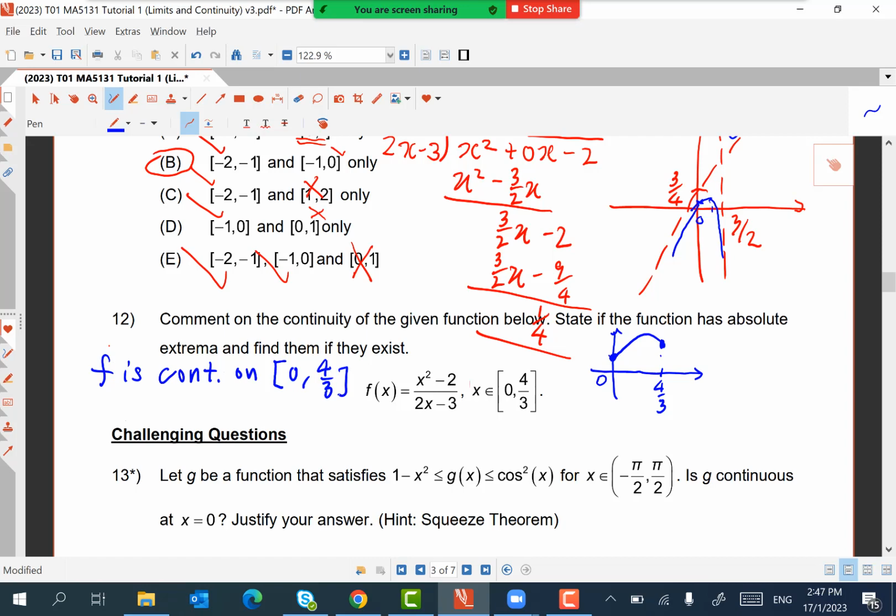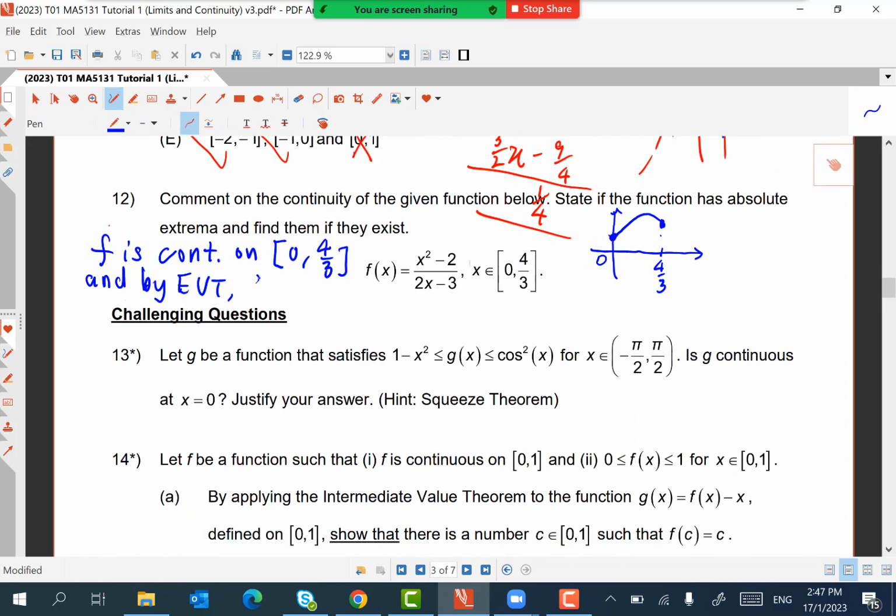And by EVT, f has an absolute minimum and an absolute maximum.